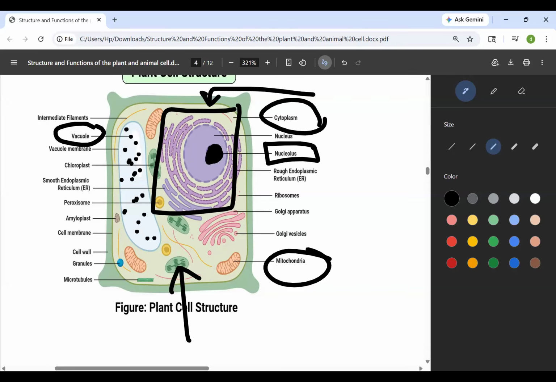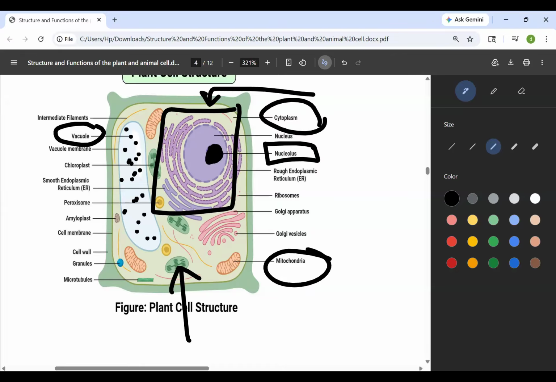They are called chloroplasts. Chloroplasts are organelles, not pigments. Inside them you can find chlorophyll.